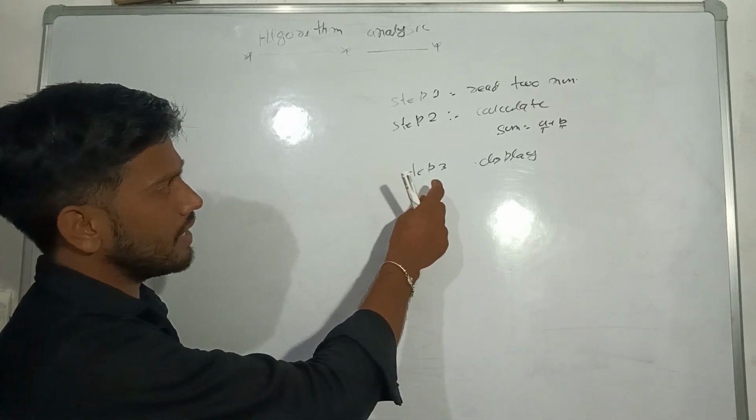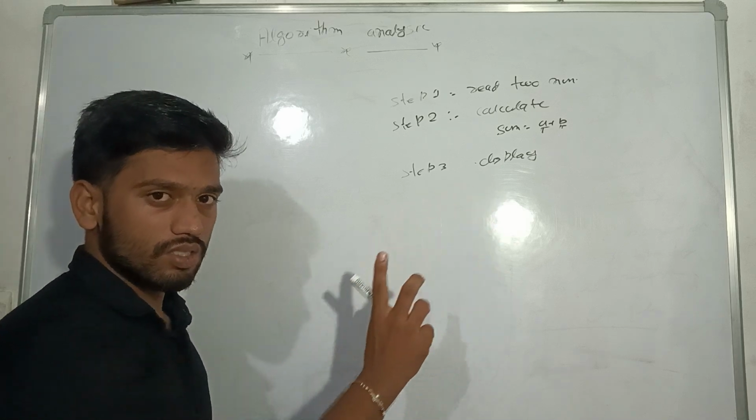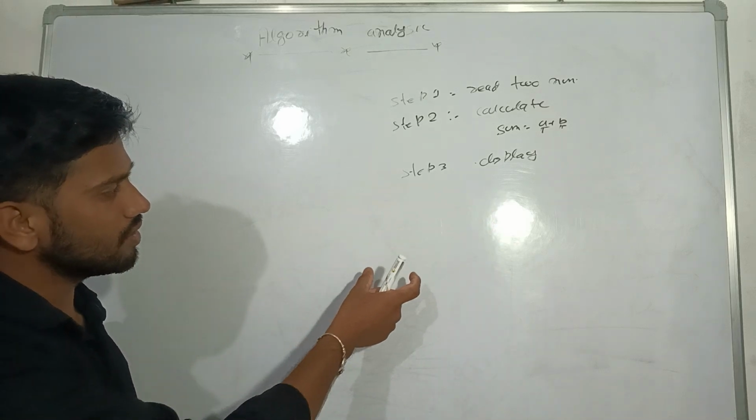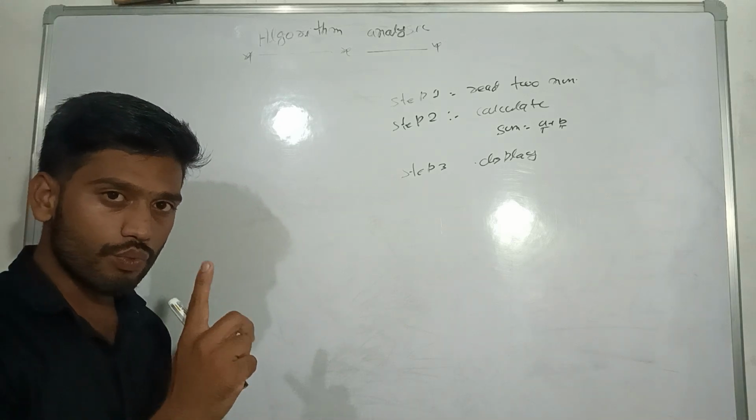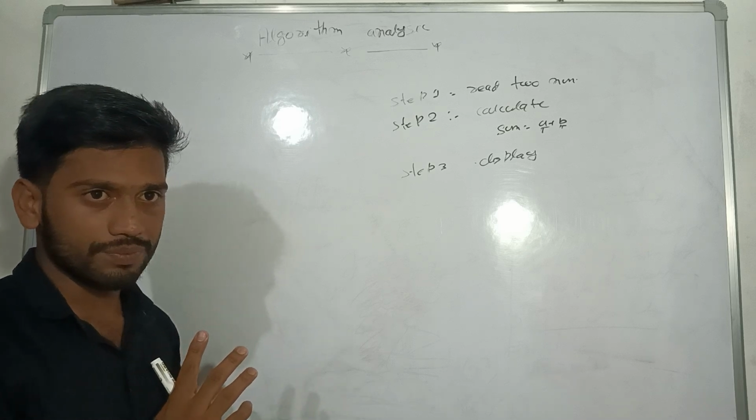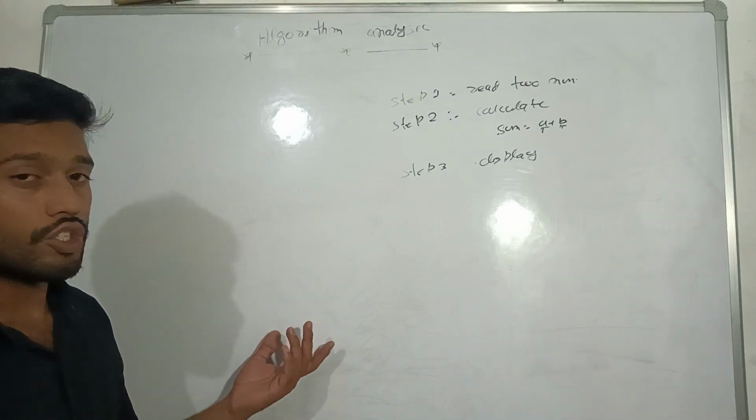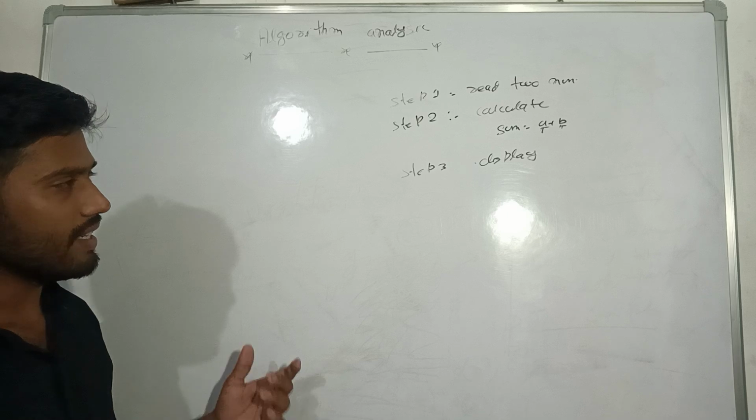If we want to solve any complex given problem, then at least one input may be required, or zero.